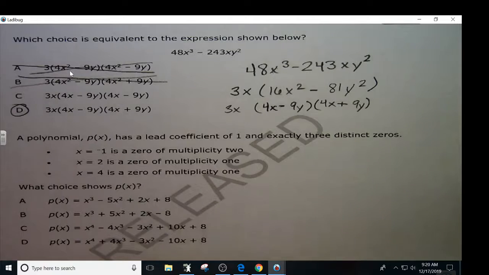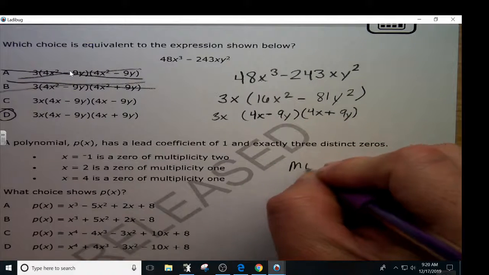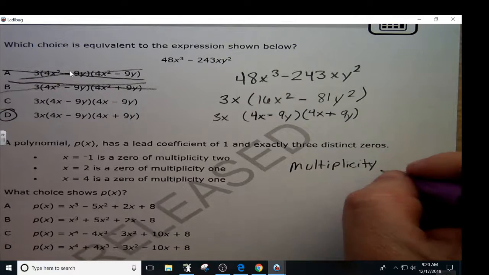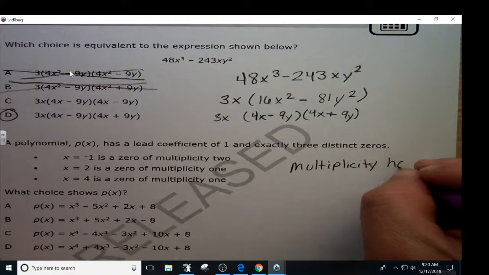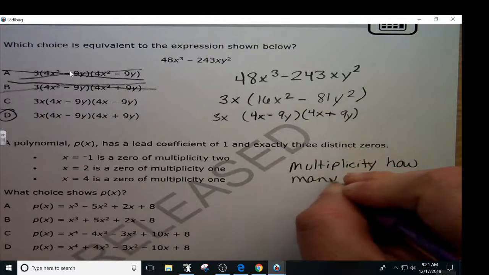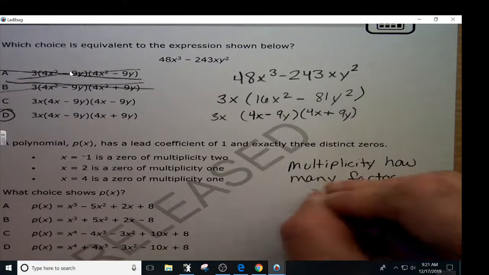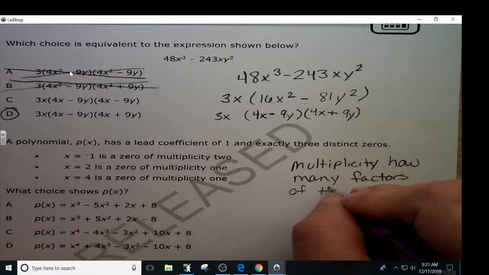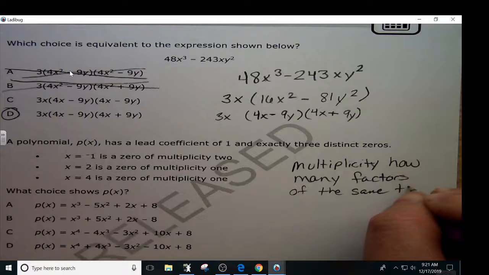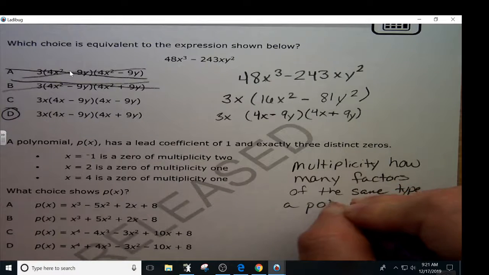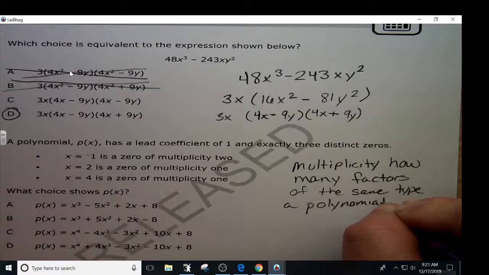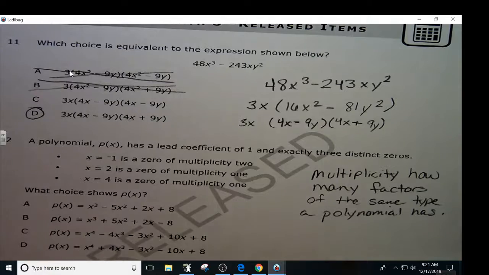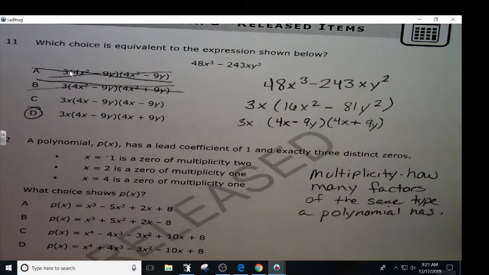All right, now, guys, multiplicity is how many factors of the same type of polynomial has.